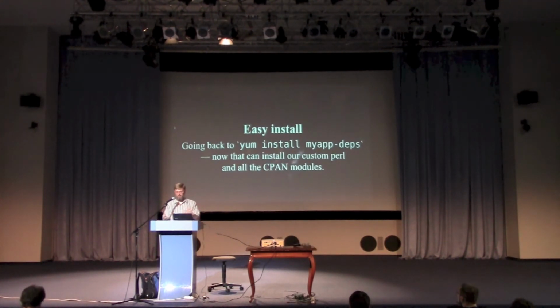And once we had this all done, our meta RPM that listed all the dependencies would automatically pull in this local Perl, and everything would just work. We did have to change the shebang line at the beginning of scripts to point to /usr/local/bin/perl, but that was basically the only manual labor involved.